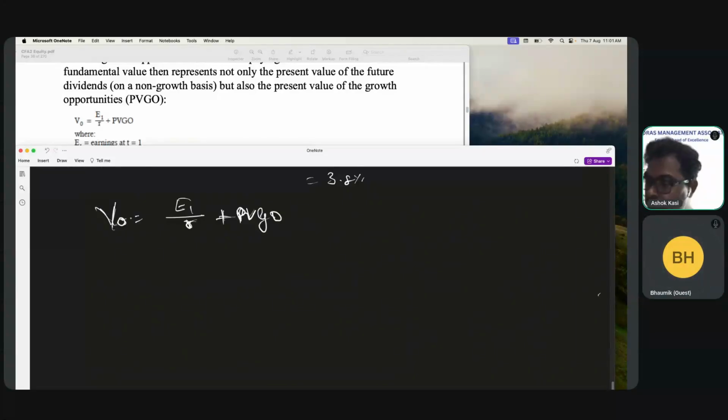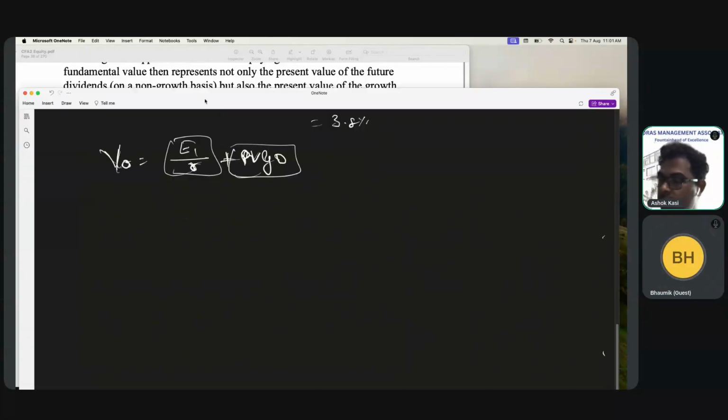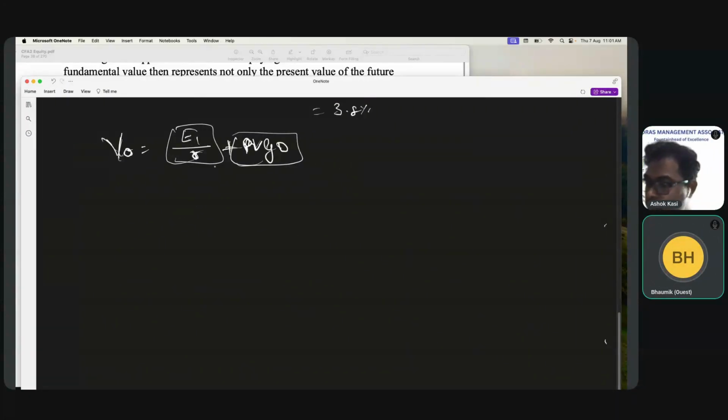Now value of a stock is equal to E1 by R plus PVGO. Now how to understand this? You can think like E1 by R is equal to no growth. Remember, we did that perpetual preferred stock. That means forever it is not going to grow.